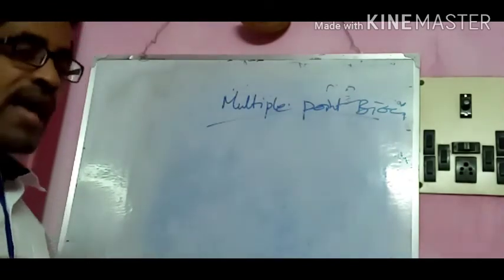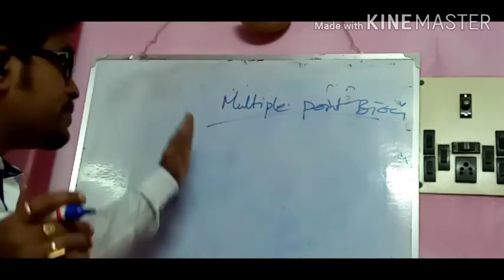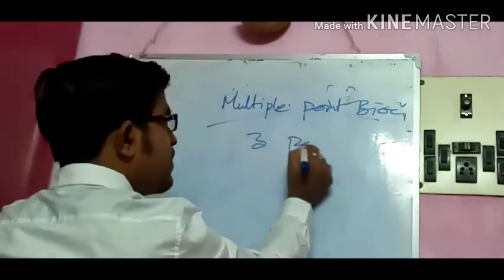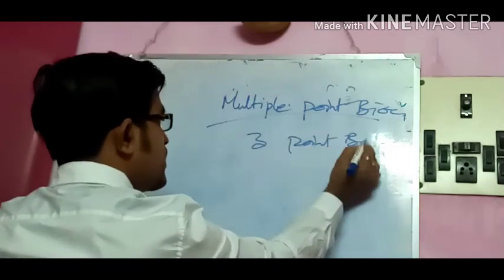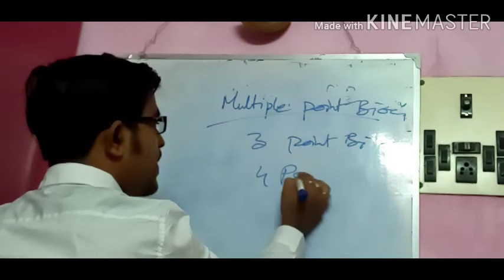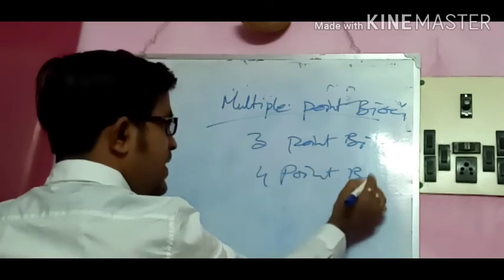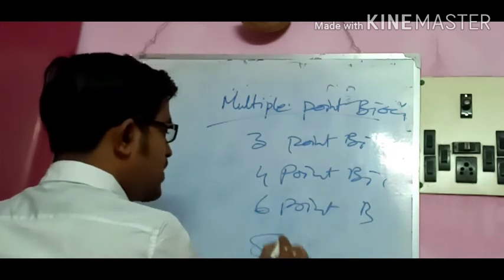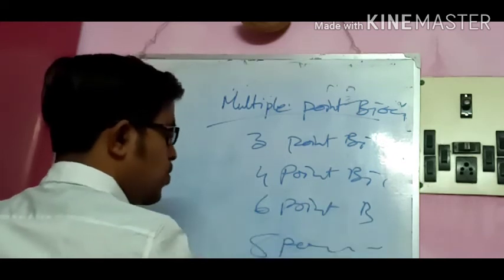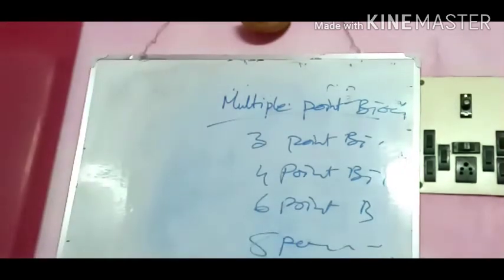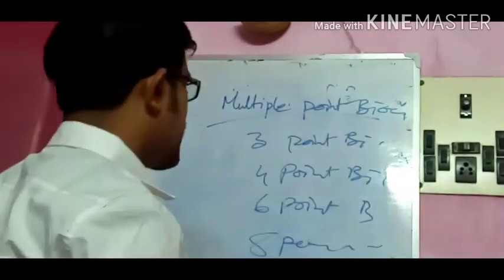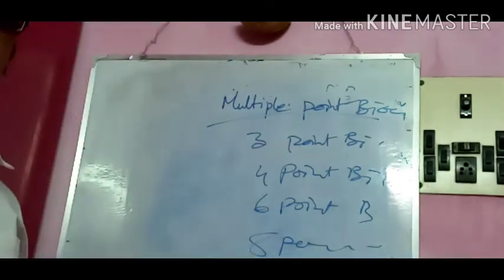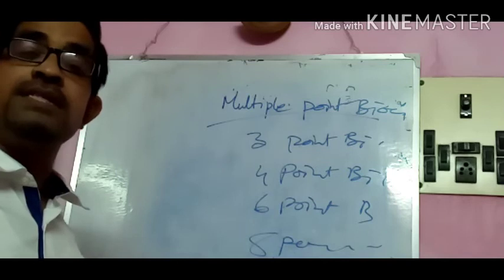I can give you the types of multiple point bioassay: for example, 3-point bioassay, 4-point bioassay, 6-point bioassay, 8-point bioassay, or so on. You can keep on increasing the number up to a certain limit.